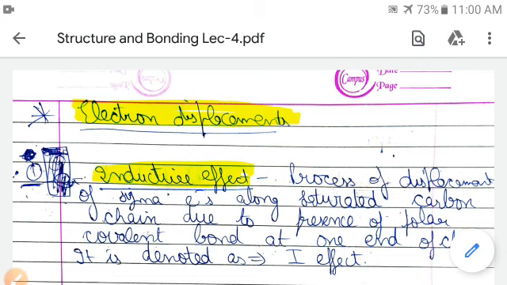So inductive effect is present in the chain of carbon and it is due to the presence of some polar covalent bond at the end of the carbon chain, and it is designated as I effect.